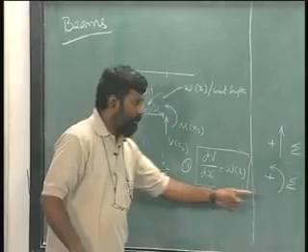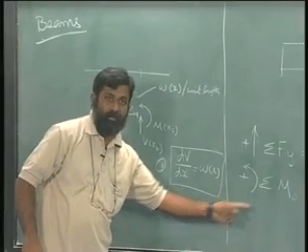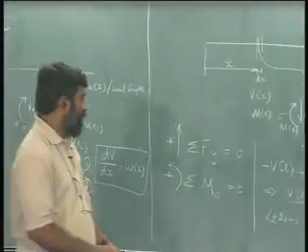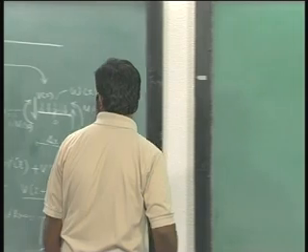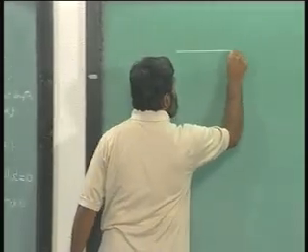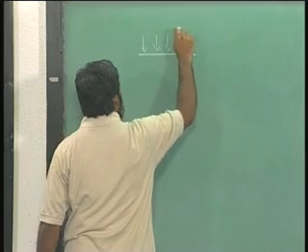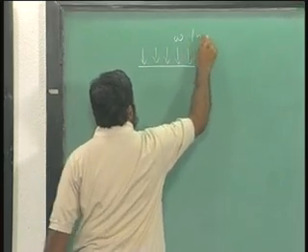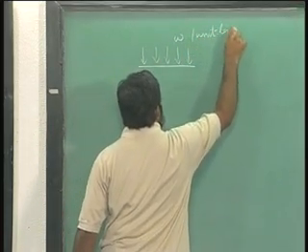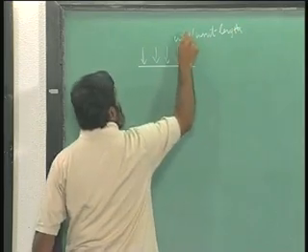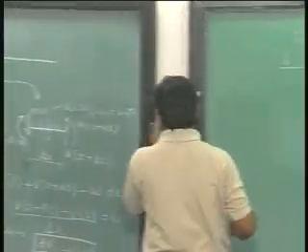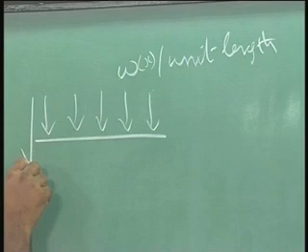We will get one more result from this. Let us do that separately. Okay. To be specific, I will write it as W of x. Let me denote all the forces.